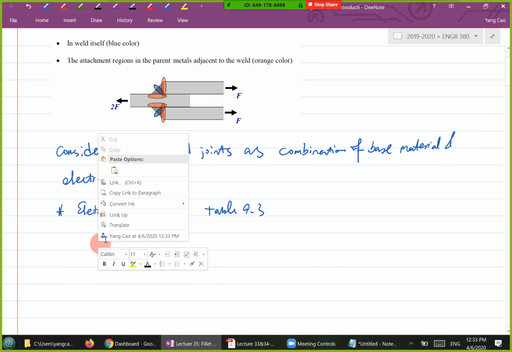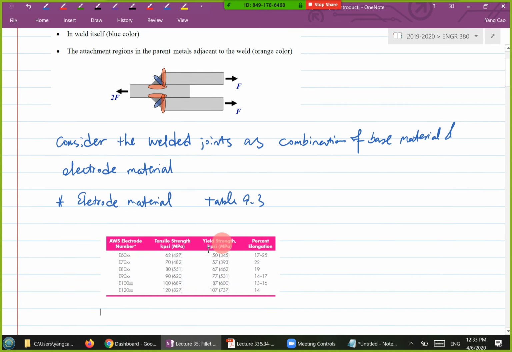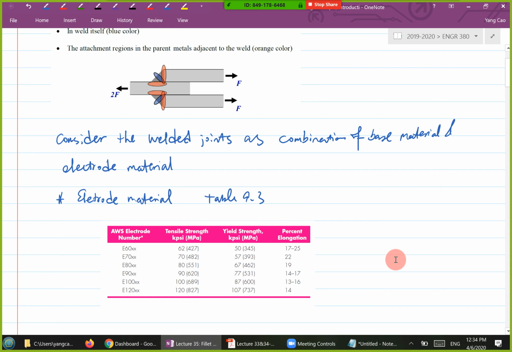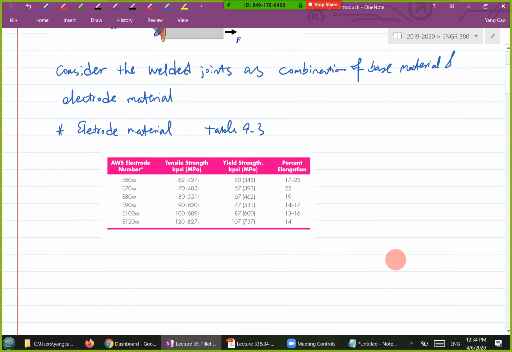I explained roughly how you can get the properties by reading just the electrode numbers. The first 2 or 3 digits give you the tensile strengths, and the second column, third column here give you the yield strengths.